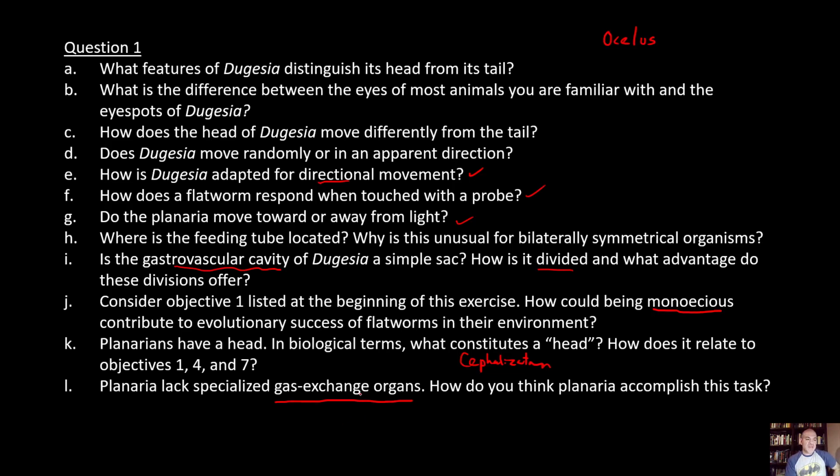Since it's very flat, it's easy to pass needed stuff to cells that are nearby. Likewise, it's easier to get stuff out. So being flat is one way that they can get around not having a respiratory system.